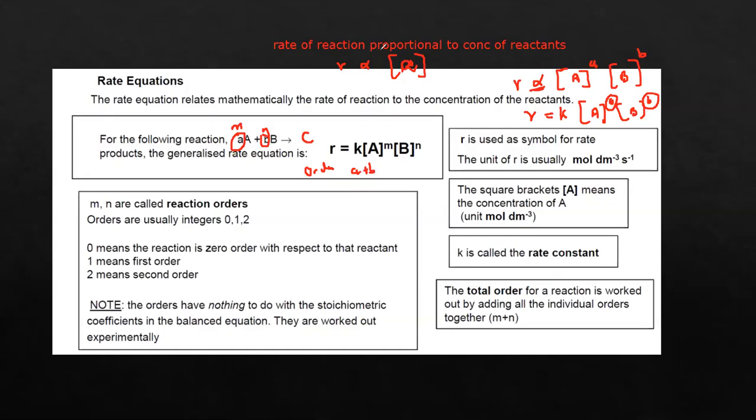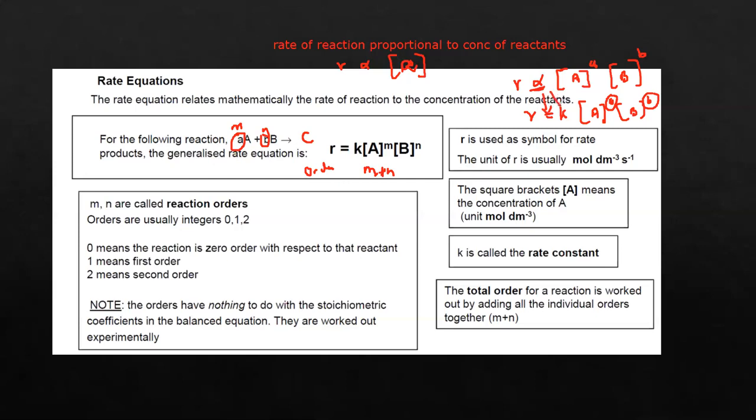So the order of this reaction is m plus n, the sum of the exponents of the concentrations of the reactants. A reaction can be first order, second order, third order, or zero order as well, but we will discuss only three types: zero order reaction, first order reaction, and second order reaction.